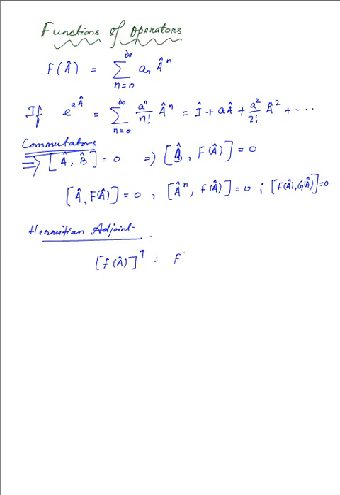It is simply going to give us the complex conjugate of the function of the adjoint of A. Now if A is Hermitian, meaning that the adjoint of A is equal to A, then f of A is not necessarily Hermitian. That is a point that we must note.